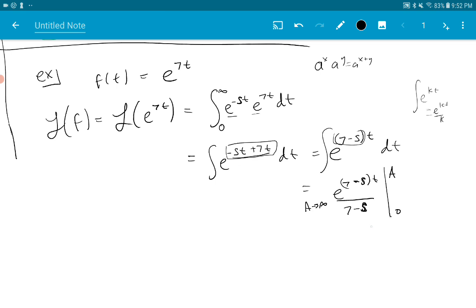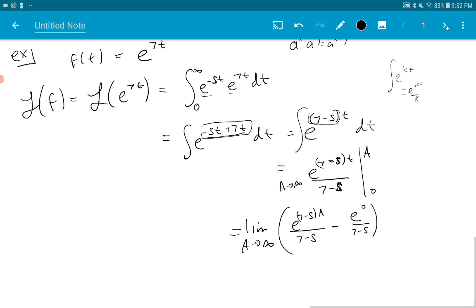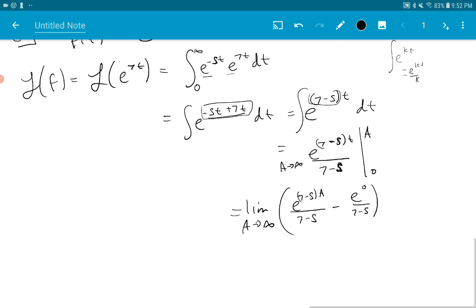Okay, so we plug in a, we plug in 0 and subtract. So remember, it's the limit as a goes to infinity. If I plug in a here for t, I get e to the 7 minus s times a divided by 7 minus s, minus e to the 0 over 7 minus s. So again, what happens here?